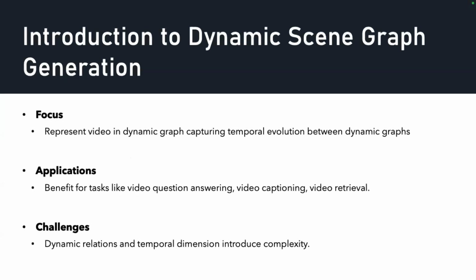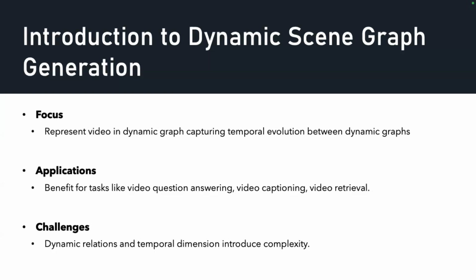In dynamic scene graph generation, our focus is to represent the video in the form of a dynamic graph such that it can capture the temporal evolution between the objects. For example, you have object one and object two, which can interact with other objects in a changing environment as the video passes by.